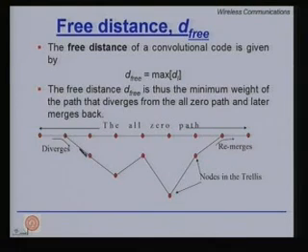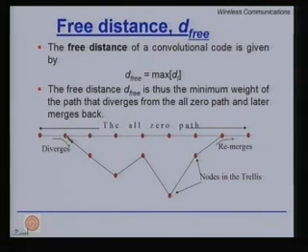It is possible that one of the paths diverges, goes through ups and downs, and then finally remerges. Segment by segment, for these two paths, there will be some Hamming distance. What is Hamming distance? The number of places the vectors are different. What are the vectors we are talking about? The vectors you write on the branch, whatever the output bits are. We are talking about the number of places these vectors differ.